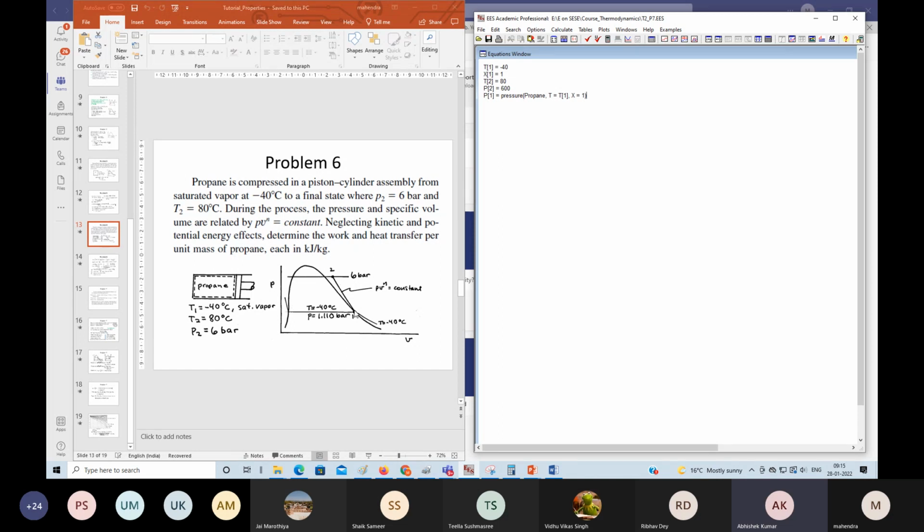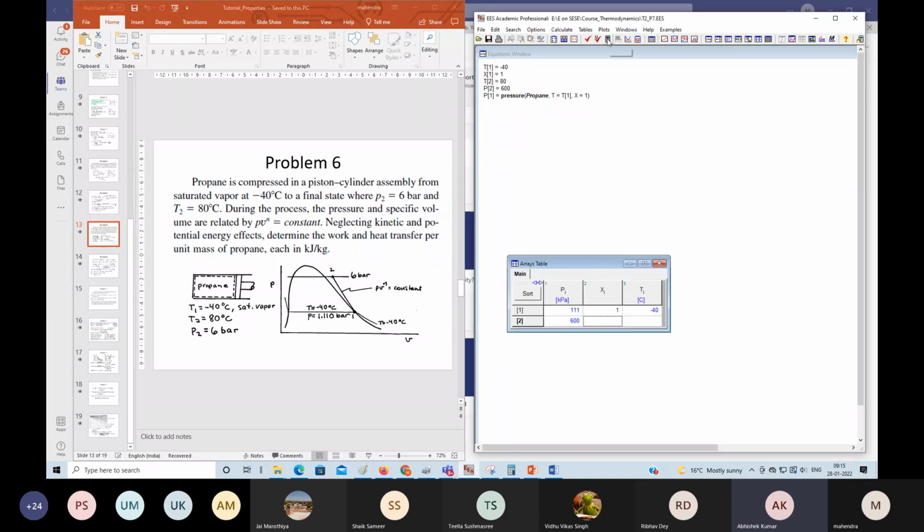Let me run and see. This is the run button. So how much is the pressure? 1.11 bar. We have calculated that.